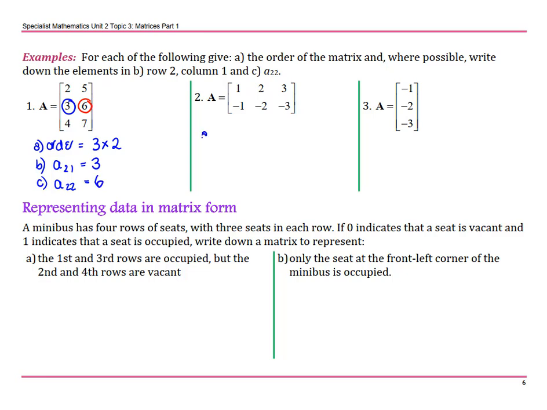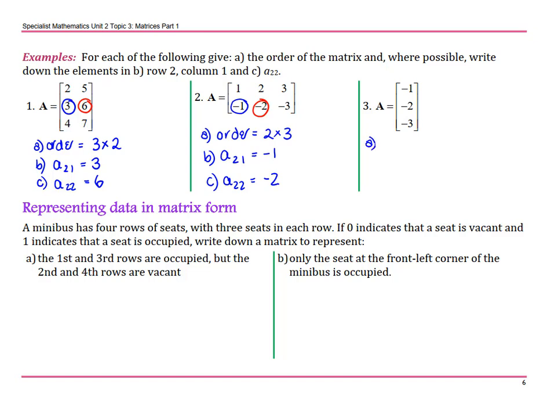Moving across, our order is 2 rows, 3 columns. B, A21, row 2, column 1, so that's -1. C, A22, row 2, column 2, so that's -2.